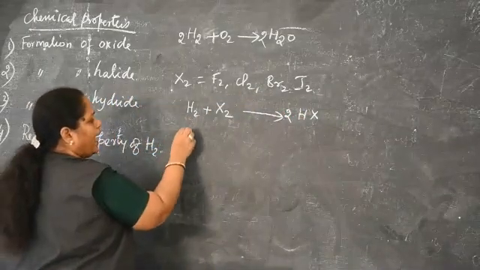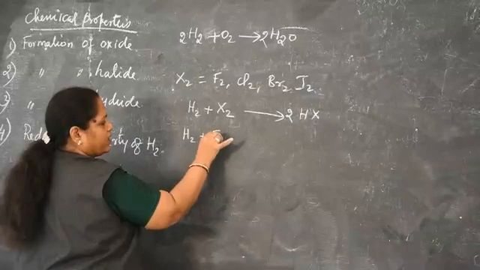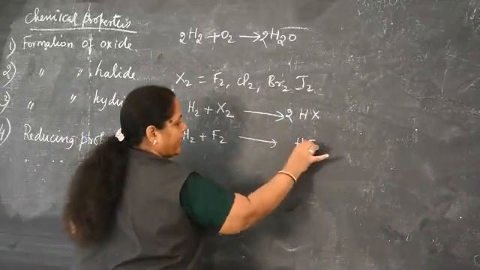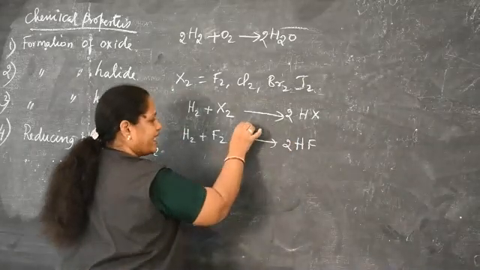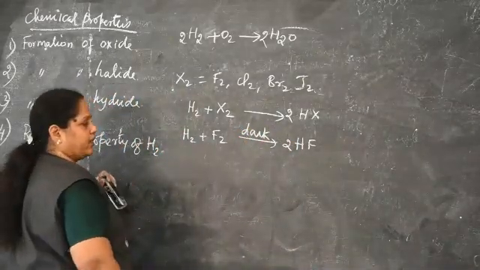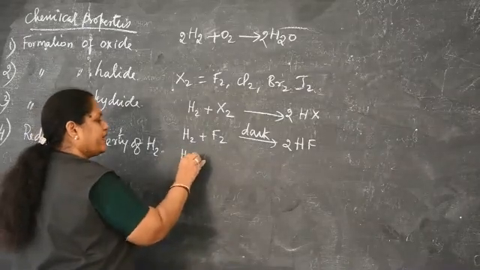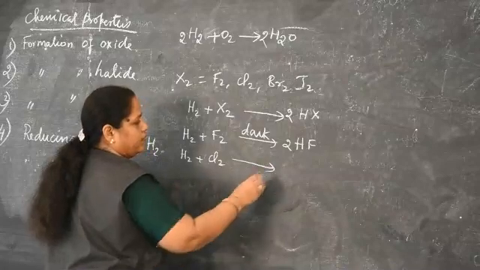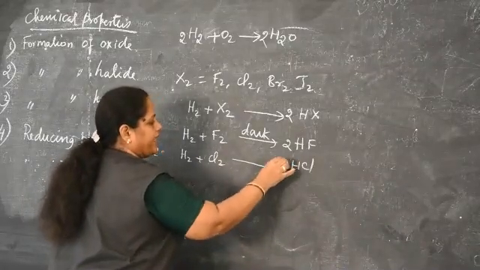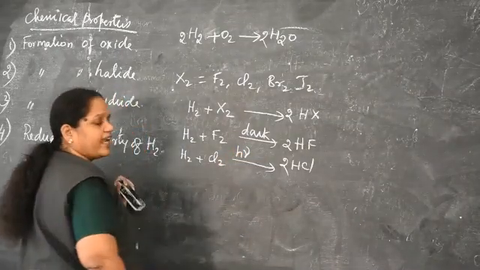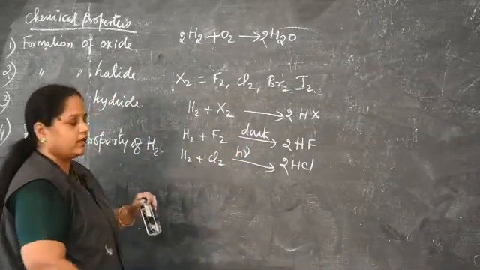Now, hydrogen reacts with fluorine to form hydrogen fluoride. Even in dark conditions, it reacts violently with fluorine. But chlorine reacts with hydrogen to form hydrogen chloride in the presence of sunlight at room temperature.